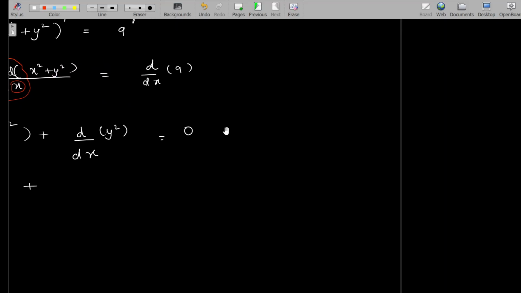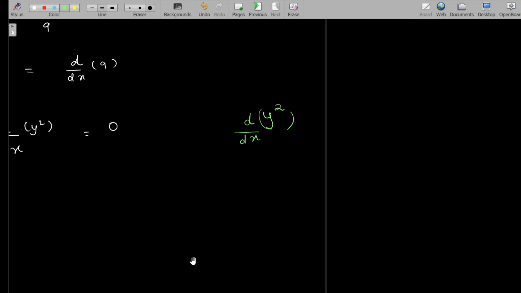Now what happens is, Anika, so try to understand this. This might be slightly confusing. If you have a function which is y, and I am trying to differentiate it with respect to x, things will be slightly different.